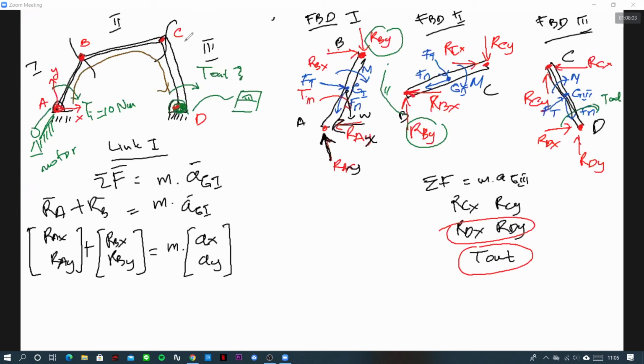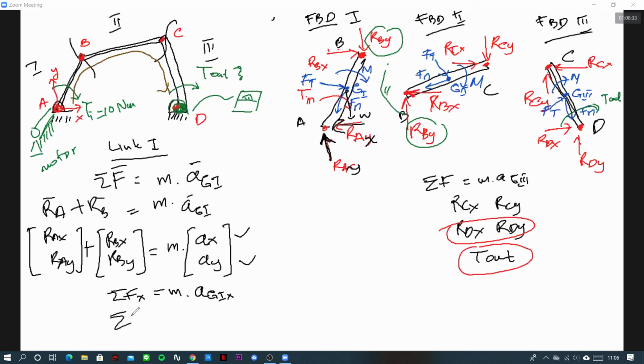Okay, so from here, actually we have already two equations. Equations for X and equation for Y. So you can also type it as a scalar, it's okay. So sigma F in the X direction equal to M times AG1X, so that I understand that this is in the X direction.